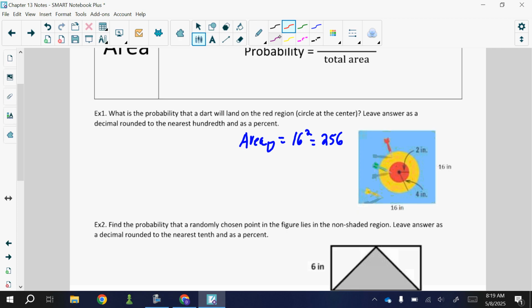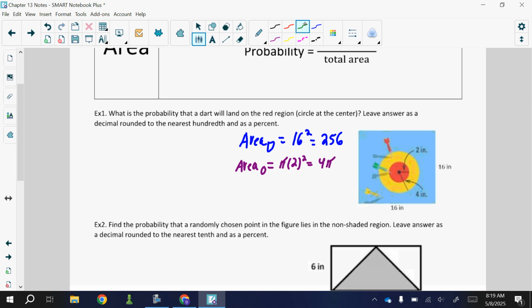Now, the area that we desire is the red circle, and it has a radius of 2. So the area of that circle, pi r squared, or pi times 2 squared, goes to 4 pi.